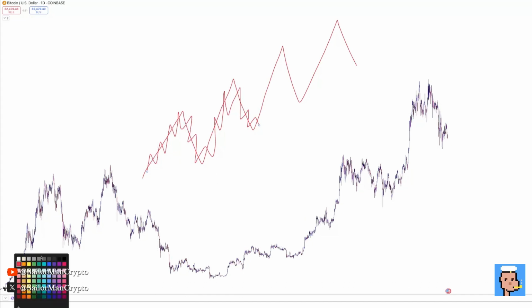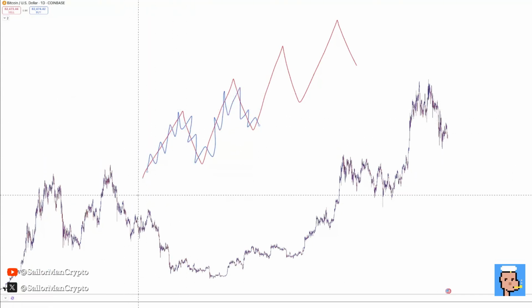Just to show in a different color, if the red is a big high time frame structure, within this big time frame structure, there is always a lower time frame structure that is moving fractally, but potentially anticipates what the bigger time frame structure is doing.